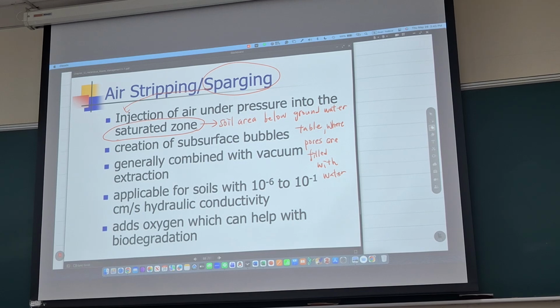So this area, we call it the saturated zone.